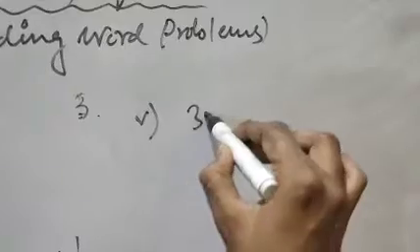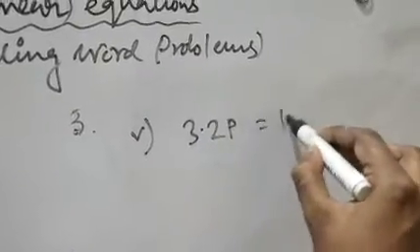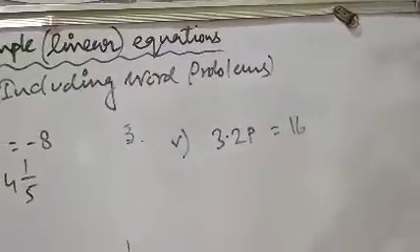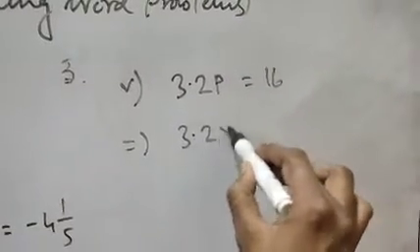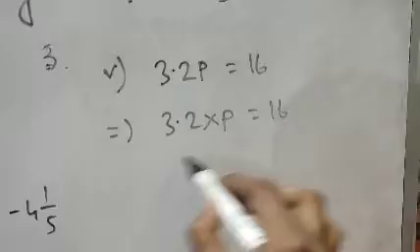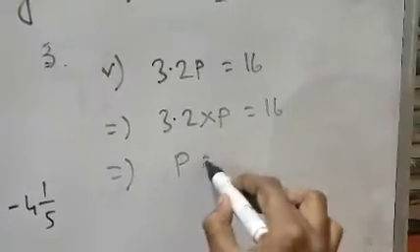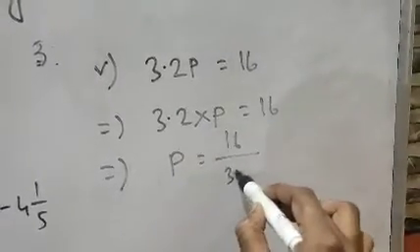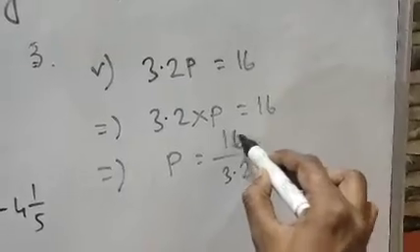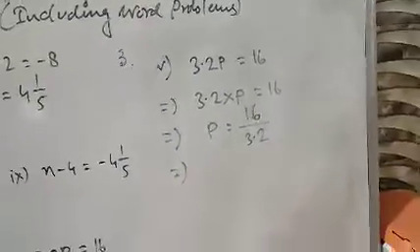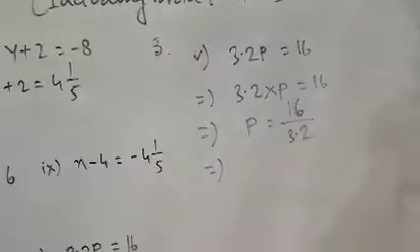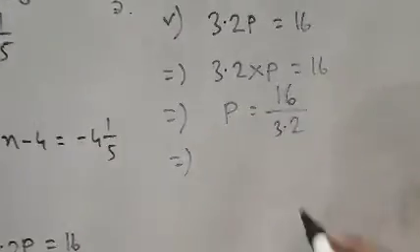Next question number 5. 3.2p equals to 16. 3.2p means 3.2 multiply p. Find out the value of p. In the same way, 3.2 will be divided because the sign is multiplication. When you transfer the number, it will be divided. So 16 by 3.2.